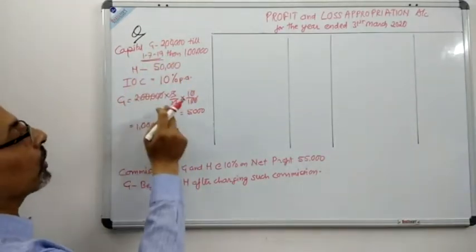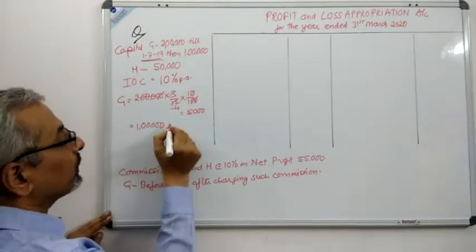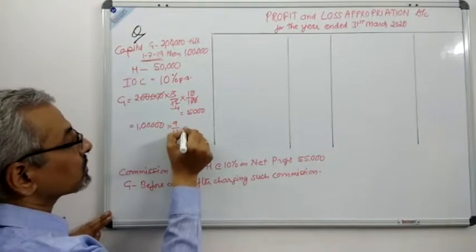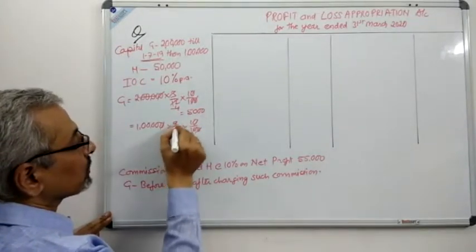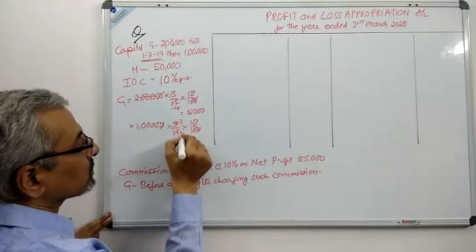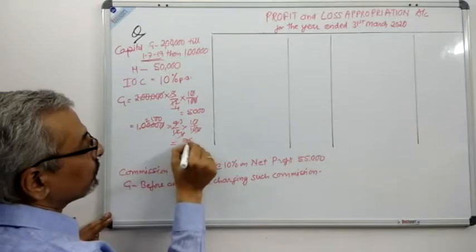So for 2 lakh we have calculated for 3 months, and for 1 lakh we will calculate for 9 months, which is giving us 7,500.